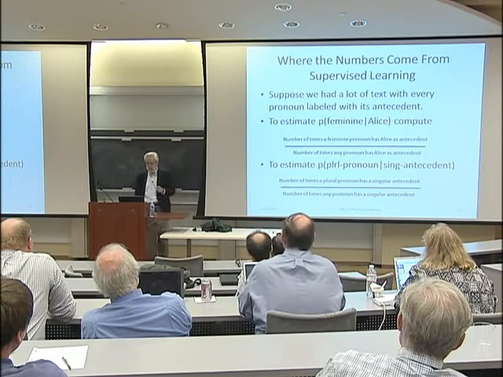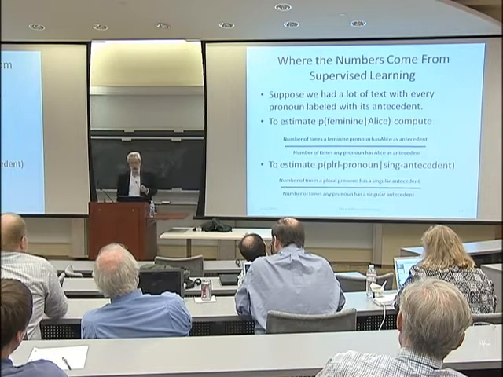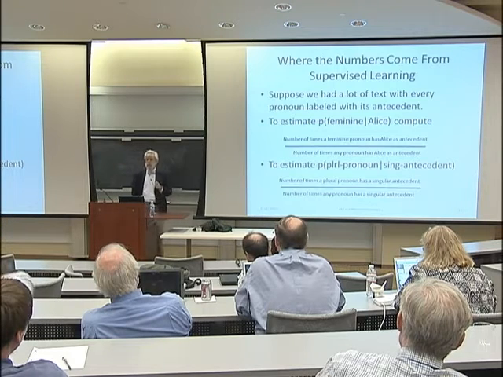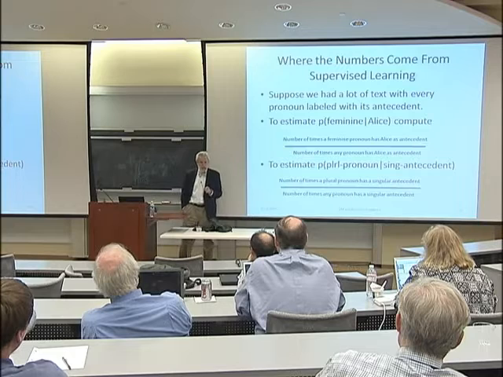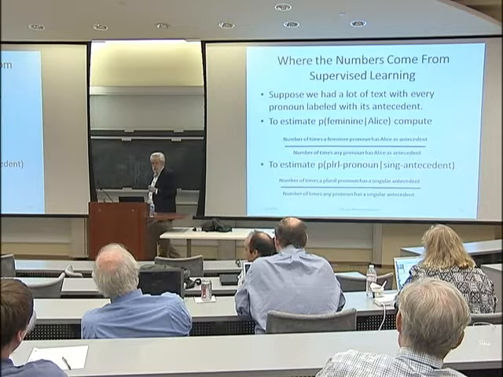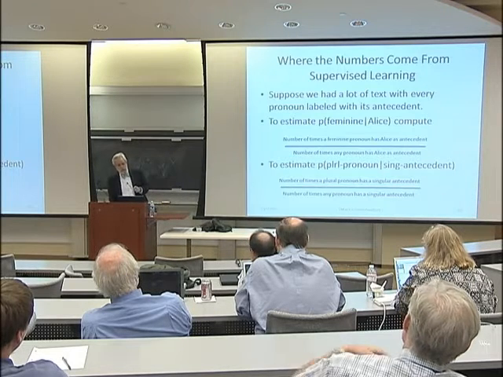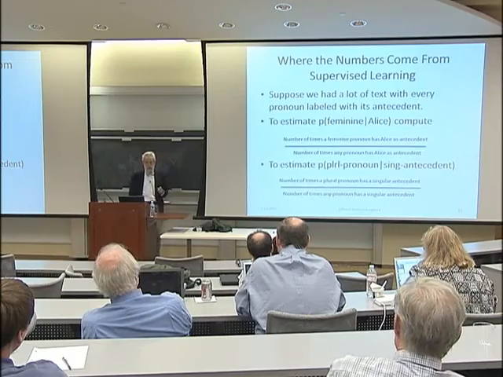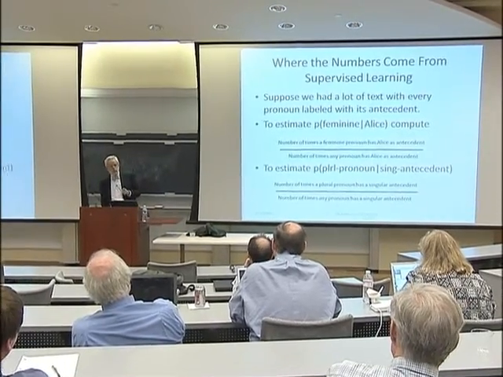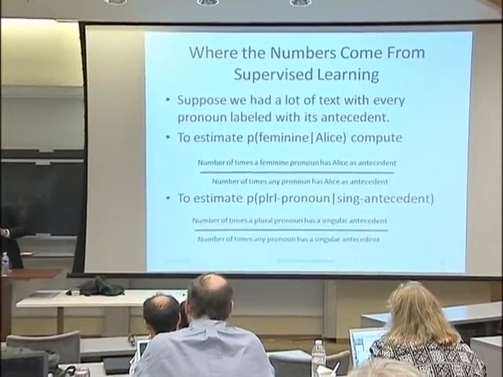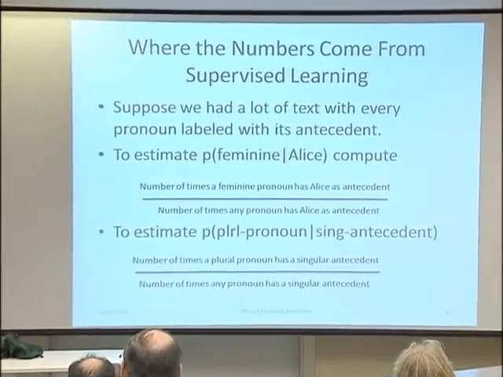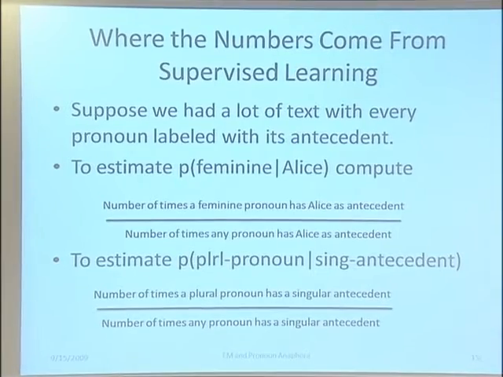And now we want to know what's the probability of getting a feminine pronoun having Alice as the antecedent. So what we do is we find the maximum likelihood estimate. We say, how many times does a feminine pronoun have Alice as an antecedent, divided by how many times any pronoun has Alice as an antecedent.